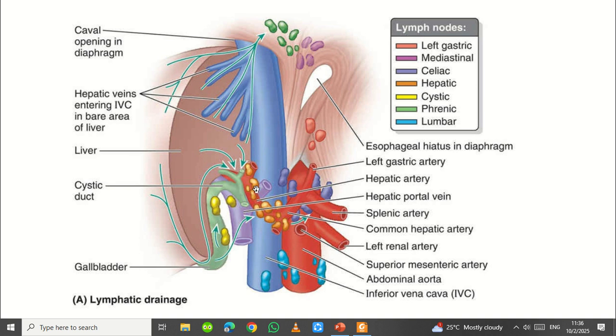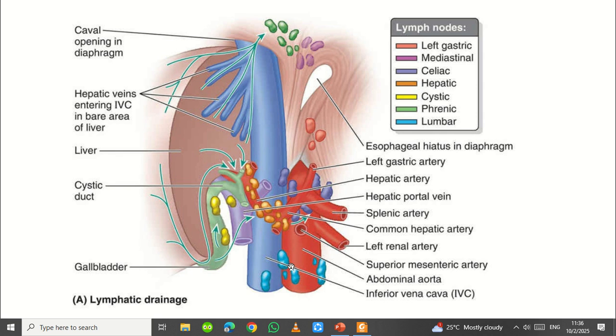The hepatic artery will be surrounded by what we call hepatic lymph nodes. These hepatic lymph nodes later drain into the celiac lymph nodes. From the celiac lymph nodes, we go to the intestinal trunk. From the intestinal trunk, it will drain into the cisterna chyli and then form the what? The thoracic duct. Simple as that.